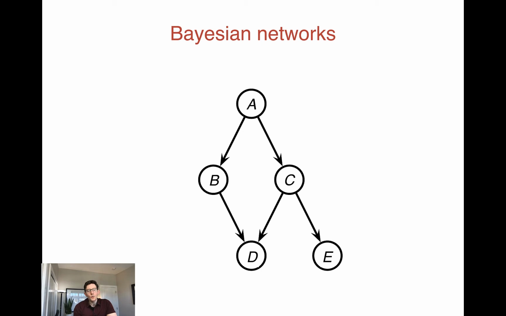So we've discussed Bayesian networks before, but let's just briefly recall what a Bayesian network is. In a Bayesian network, we represent each random variable as a node in the graph, and we put an edge from A to B, indicating in some sense that A directly influences B. I'll be more precise about that in just a minute.